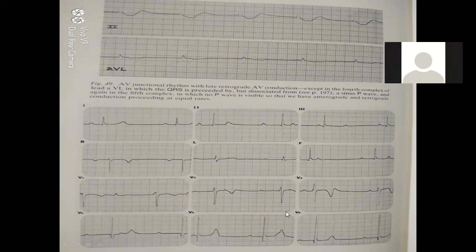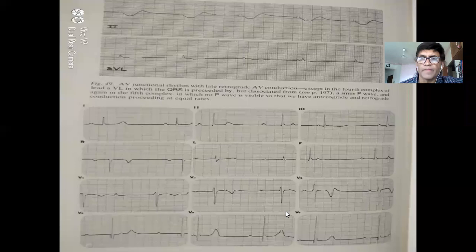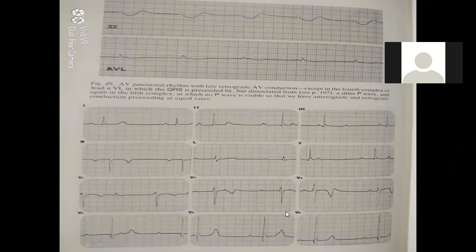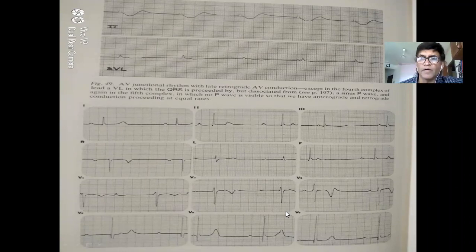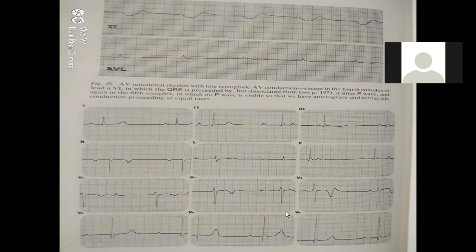One person. There are so many people. Sangeeta, you speak. Sangeeta, you unmute and speak. Yeah. PR interval is prolonged.